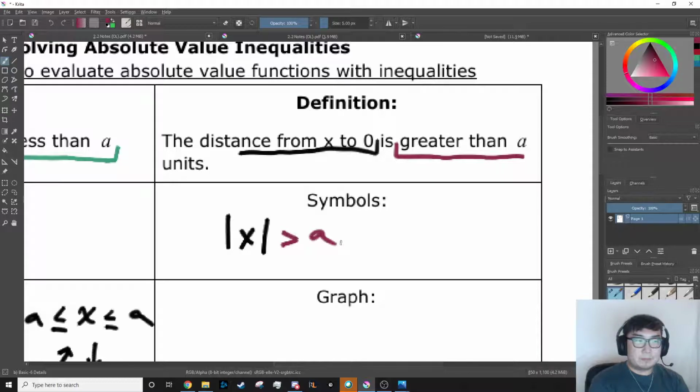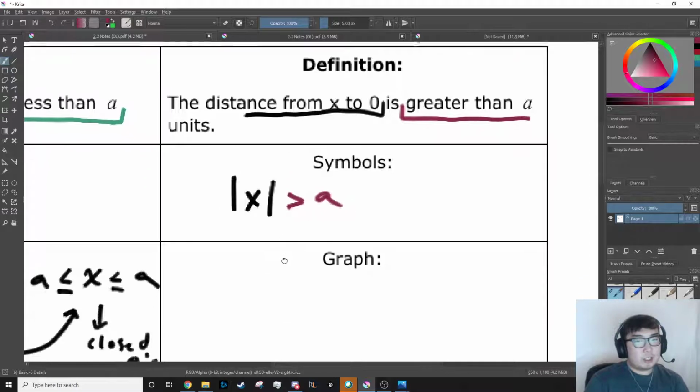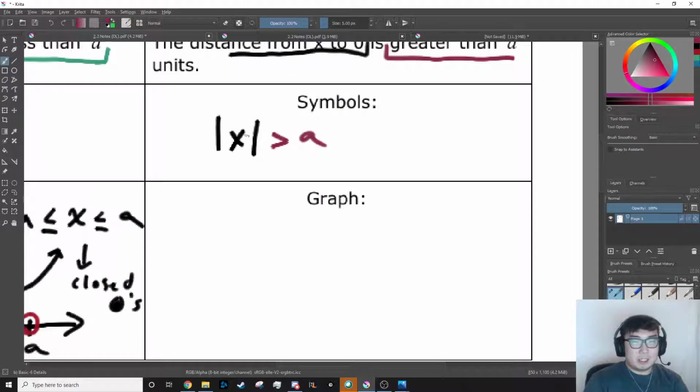But what if I wanted to get rid of the absolute value, because we can't really do much when it's in absolute value form? I can do something to this formula to make it just x by itself, by splitting it into a positive and negative version. The positive version will be x is greater than a.